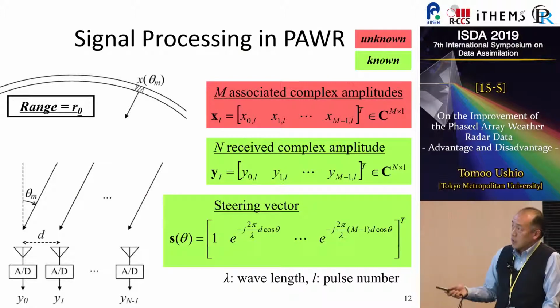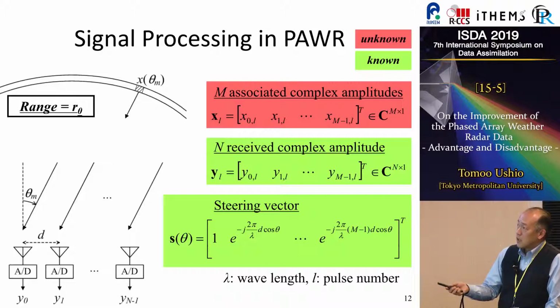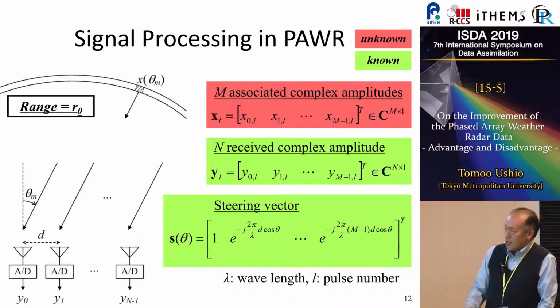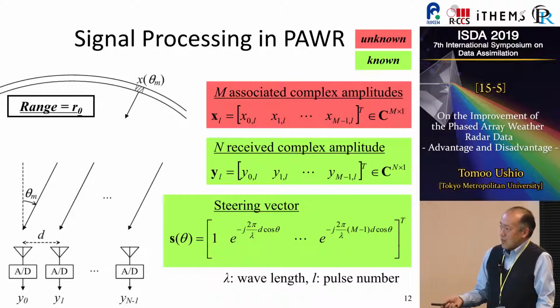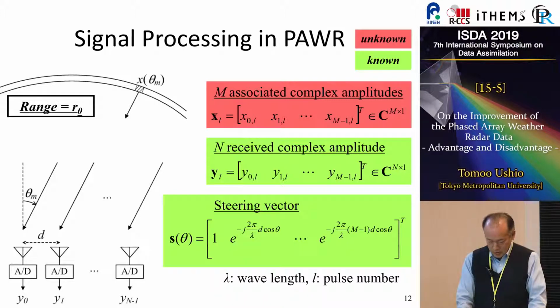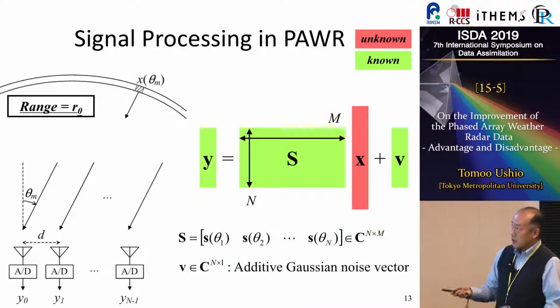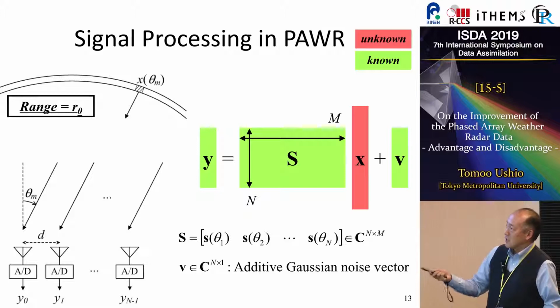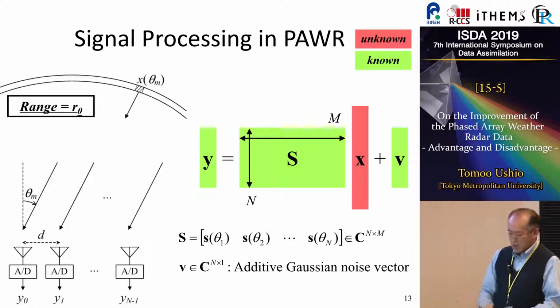X means the reflectivity at each direction of arrival, and Y is the received signal. With this, the received signal is linearly correlated with the radar reflectivity like this.